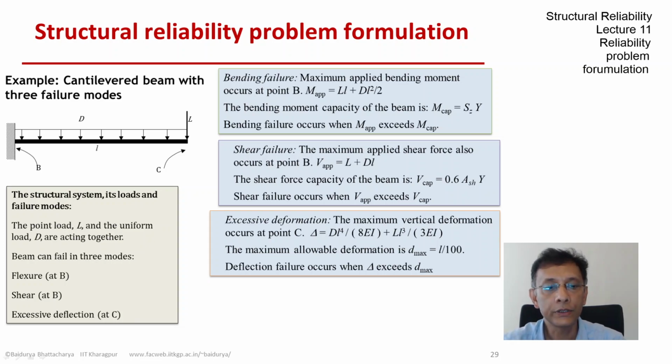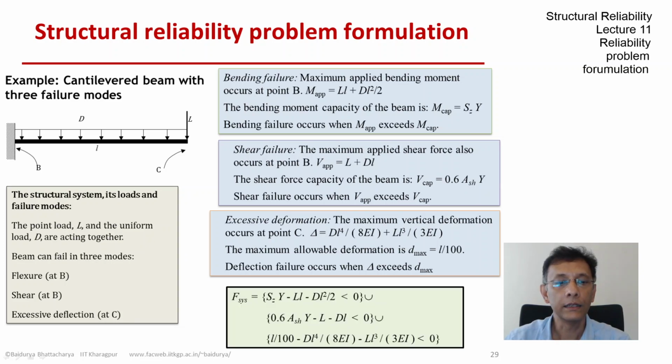So let us say it's the length over 100, and deflection failure occurs when the tip deflection delta exceeds that limit L over 100. And so this way we have defined the failure of the beam in terms of a series representation: the system failure is the bending failure or the shear failure or the deflection failure.